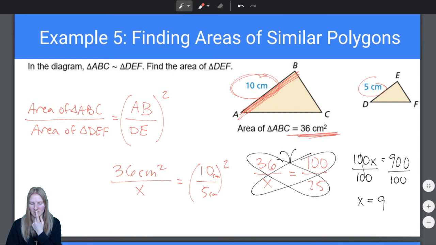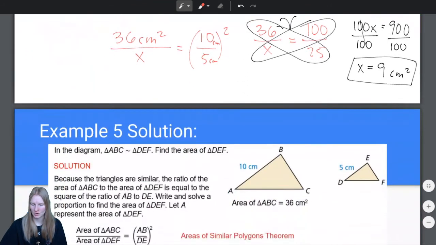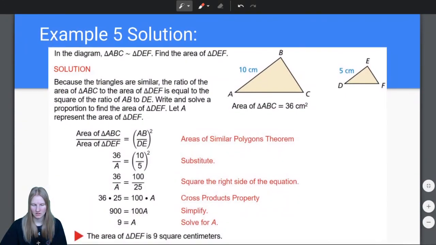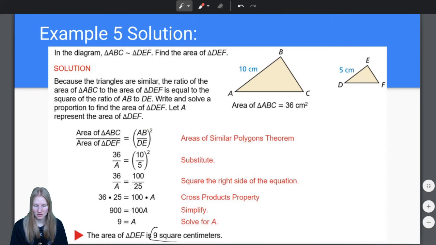So that would mean that the area of triangle DEF is 9 square centimeters. That number seems too small to me. Let's check and make sure that we were correct. Oh yeah, okay. 9 square centimeters.